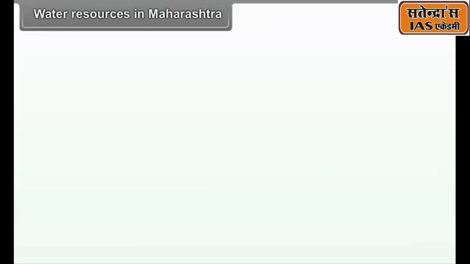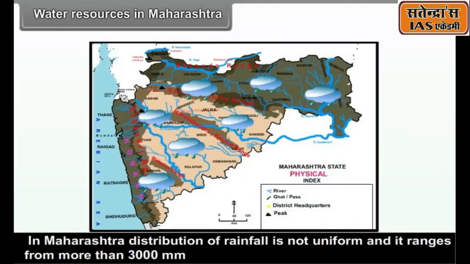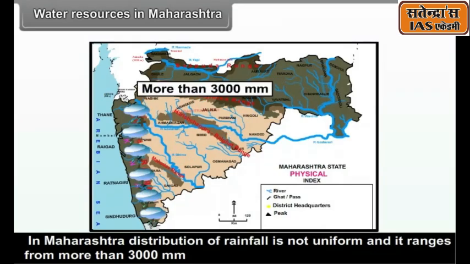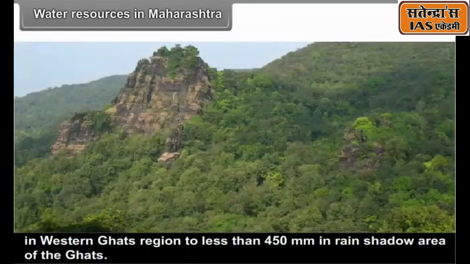Water resources in Maharashtra. In Maharashtra, the distribution of rainfall is not uniform and it ranges from more than 3000 mm in the Western Ghats region to less than 450 mm in the rain shadow area of the Ghats.